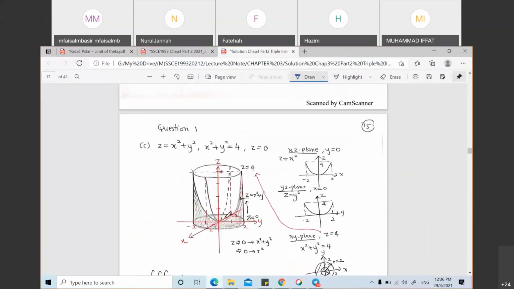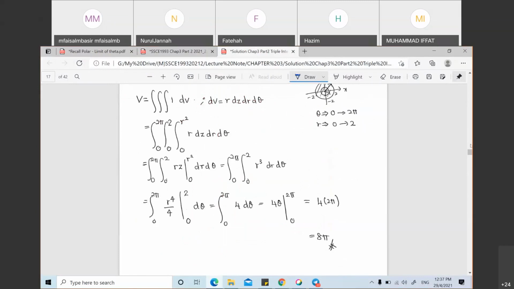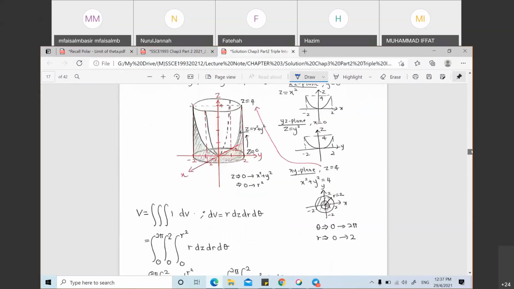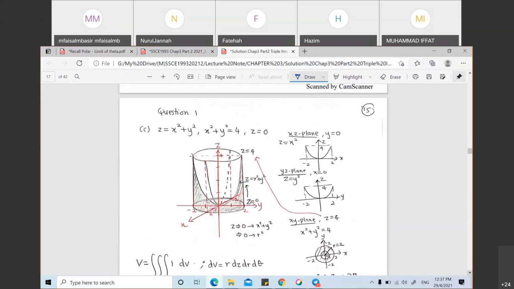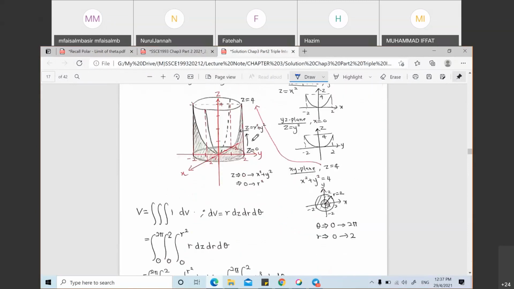So you will end up with a circle, right? If I project this, it will become a circle. So z goes up to r squared, and then your radius will be 0 to 2, and your angle should be 0 to 2 pi.